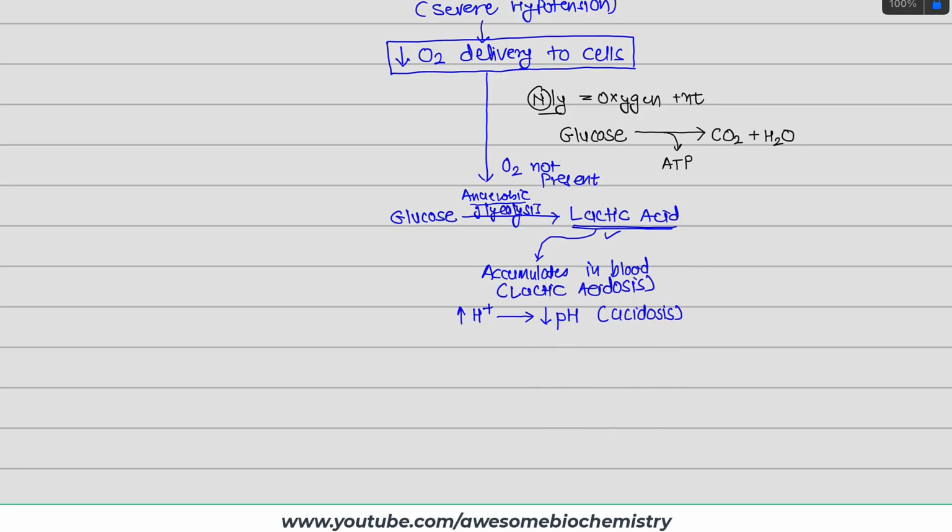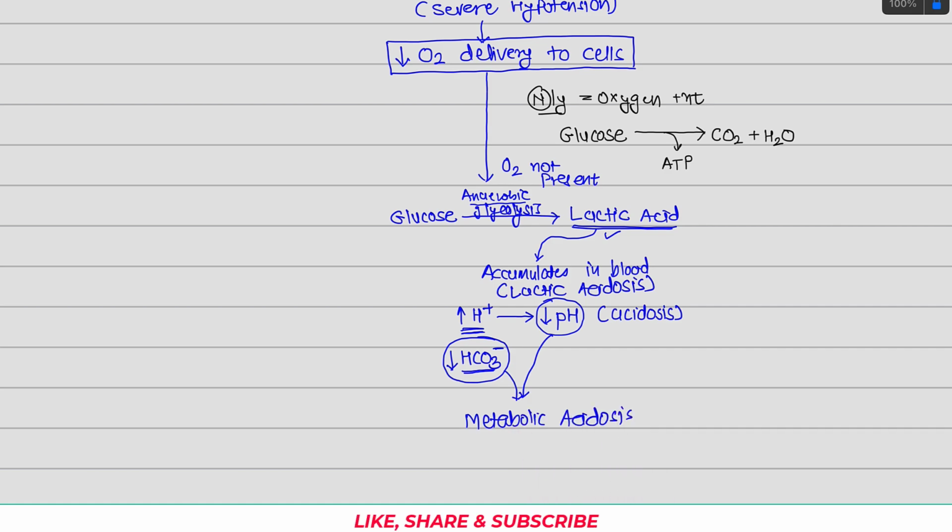And one more thing, bicarbonate ions are used up to buffer these increased hydrogen ions. So bicarbonate level decreases. A low blood pH in combination with a low serum bicarbonate level is diagnostic of metabolic acidosis. So here, lactic acidosis is the primary cause of metabolic acidosis in septic shock.